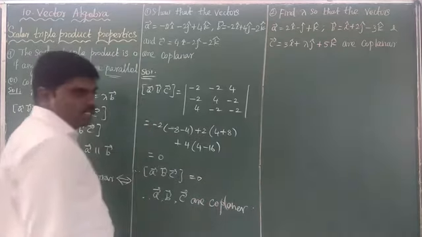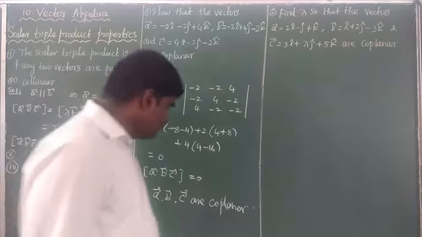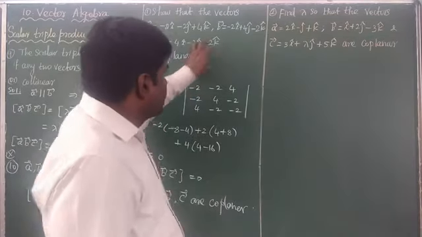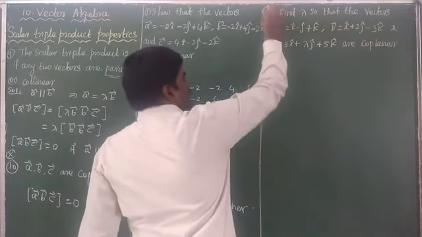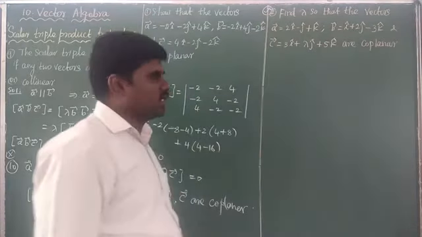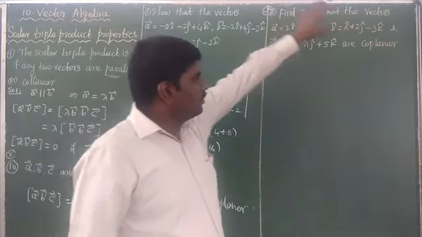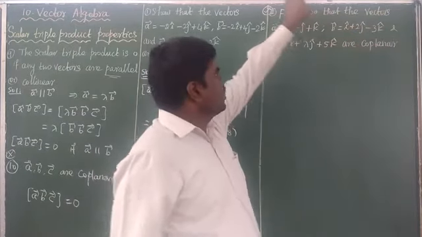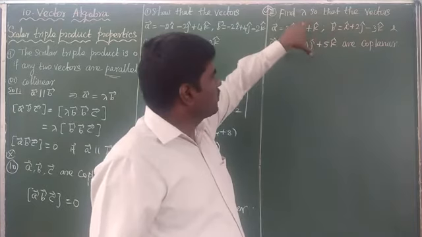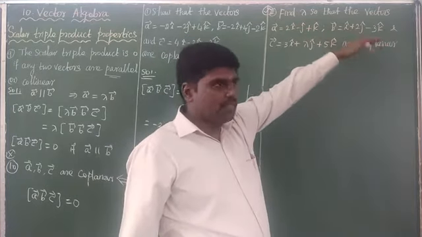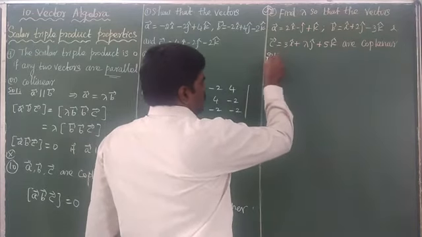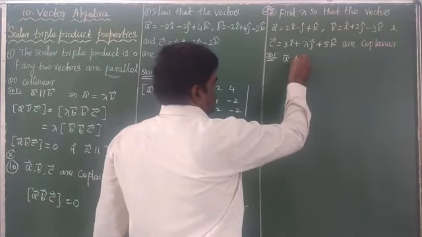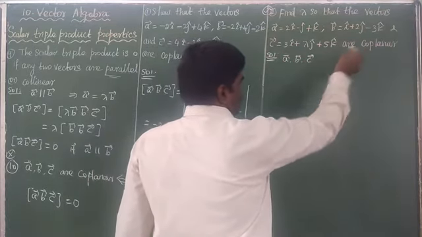Okay, coplanar. Understood? Right. Same way, given three vectors, sometimes they ask another question. Given that three vectors are coplanar, find the value of lambda. That's the meaning. Given the condition that three vectors are coplanar, find the value of lambda. So what is the conclusion? A vector, B vector, and C vector are coplanar.